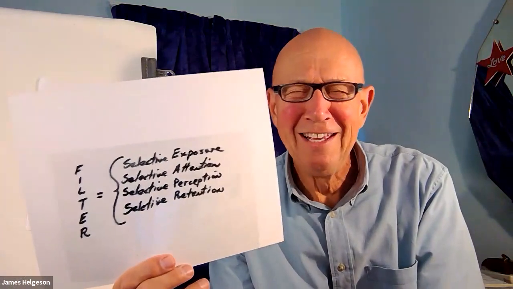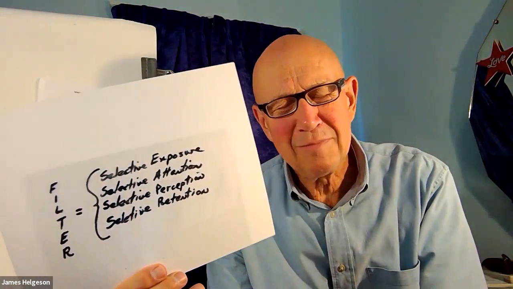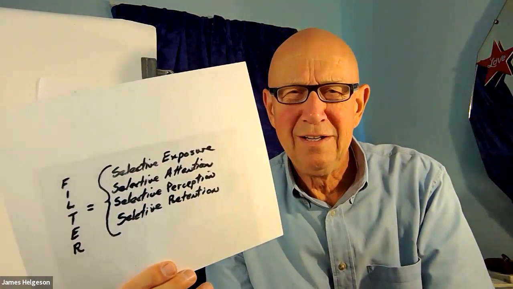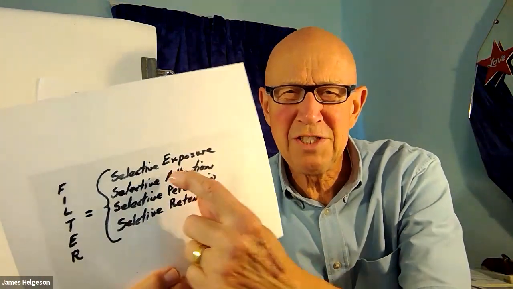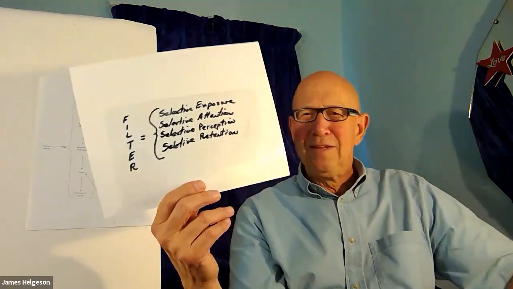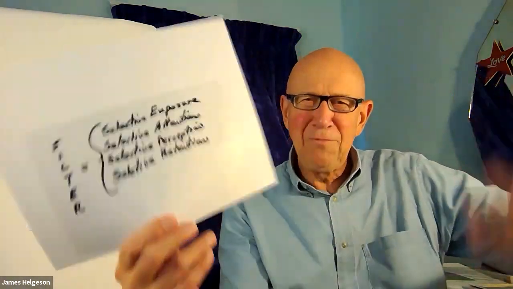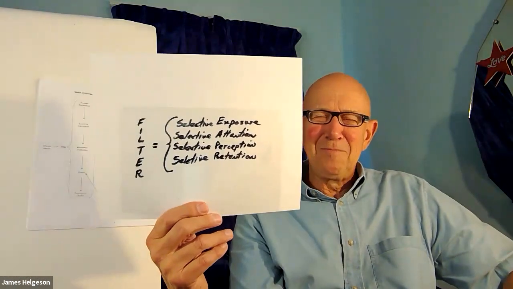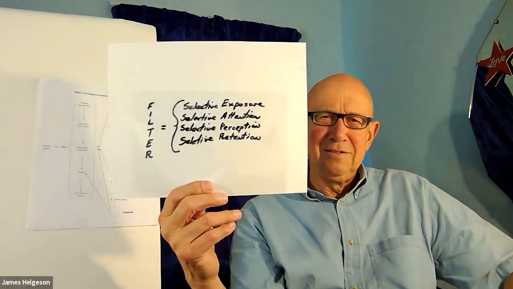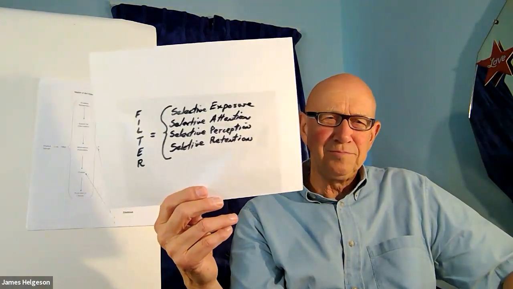That's my brand, and I didn't make it through the filter. The exposure, attention, perception, retention filters have some influence on your decision making. You filtered me out along the way. I've got to get past this to communicate with you.